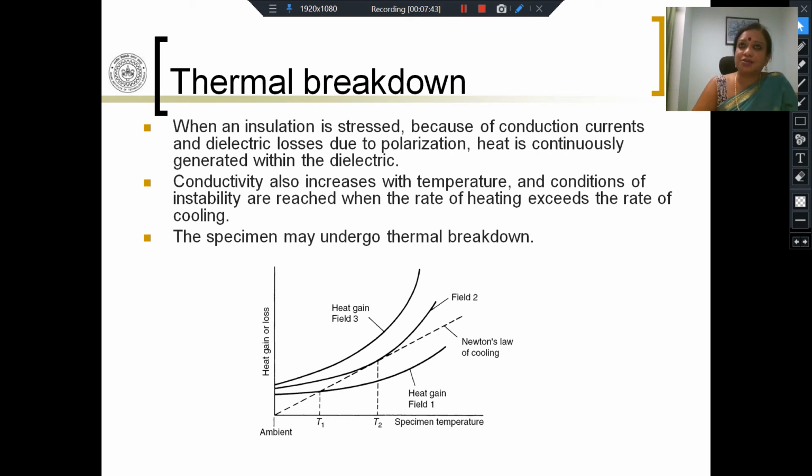Now, once heat is generated, the temperature of the material increases. When the temperature increases, conductivity of the material increases. So as temperature increases and conductivity increases, there might be a situation where a condition of instability is reached and the material gets much too heated.